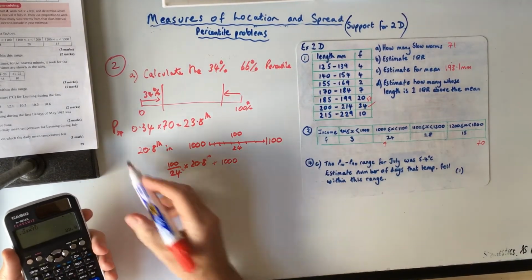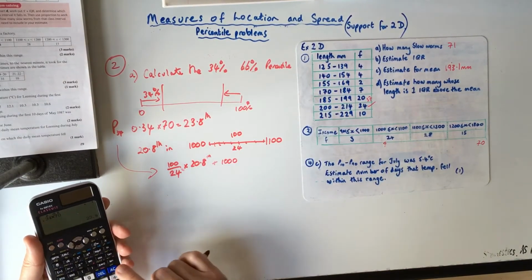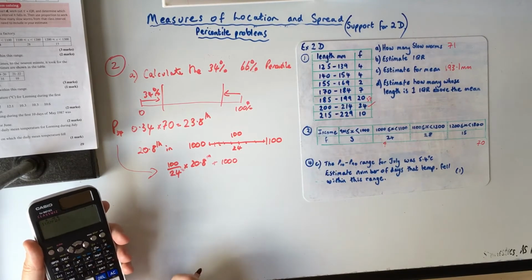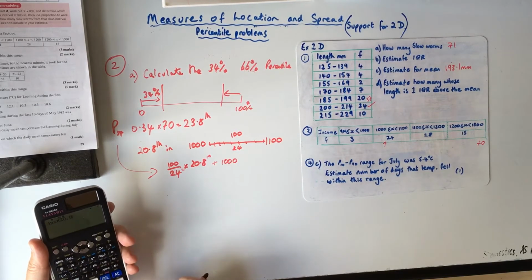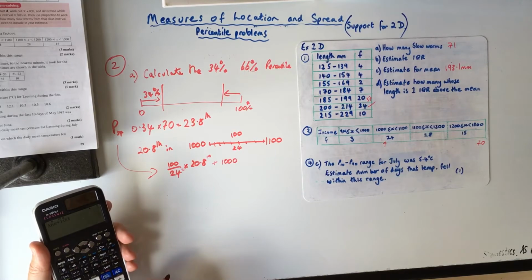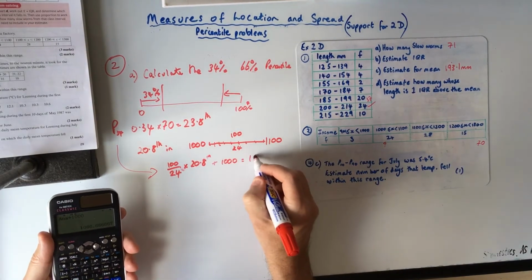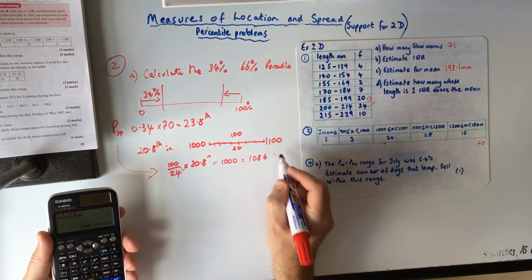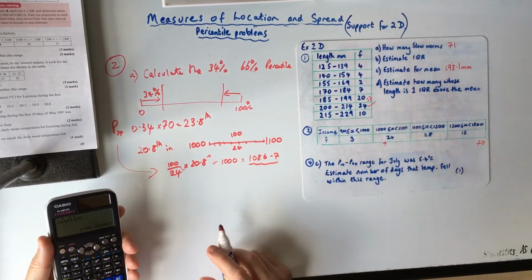That's our P34 percentile. So 100 divided by 24, and we want 20.8 bits of that. We add that on to 1,000, and that gives us 1086.7 rounded off.